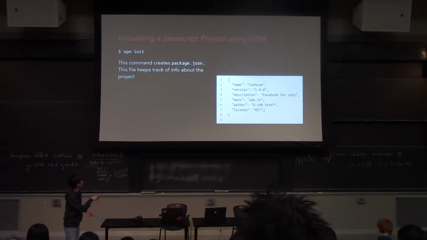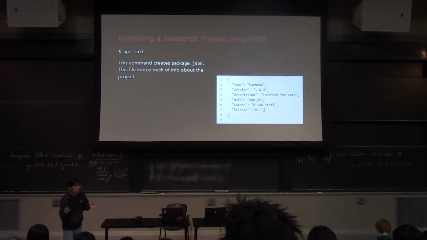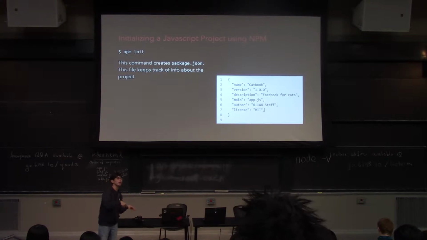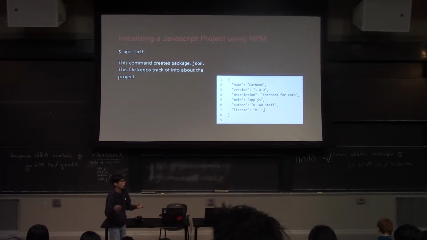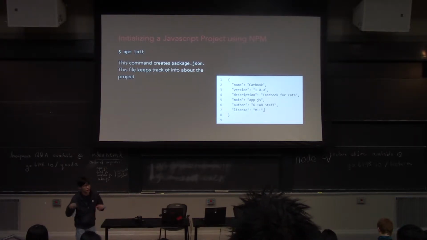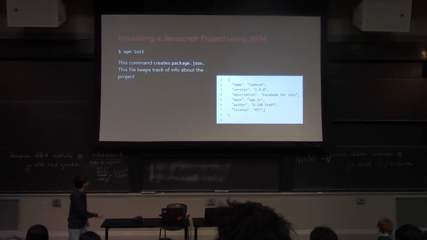You just put it in, and it creates a package.json file that looks roughly like this. What this package.json does is it keeps track of all the info about your project. Does it depend on any other libraries? What kind of scripts does it run, etc. We'll cover in detail what we put in package.json as we continue in this lecture.